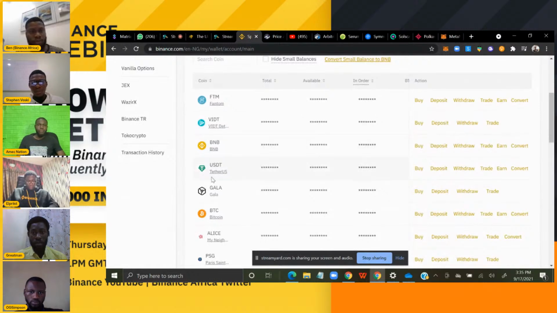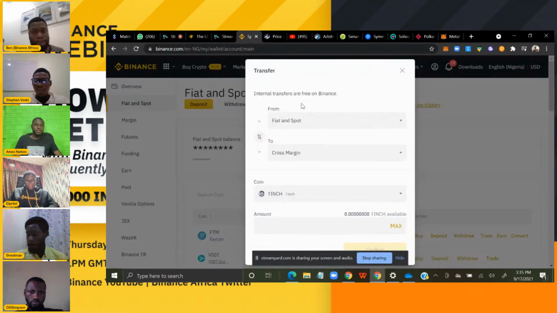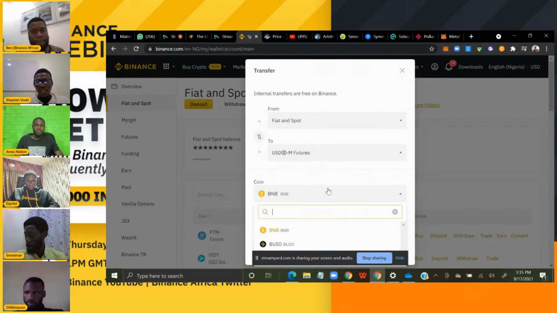Now you use transfer to move USDT from your spot account to your futures account. It has to be USDM futures. After selecting fiat and spot to futures, you select the coin, USDT.